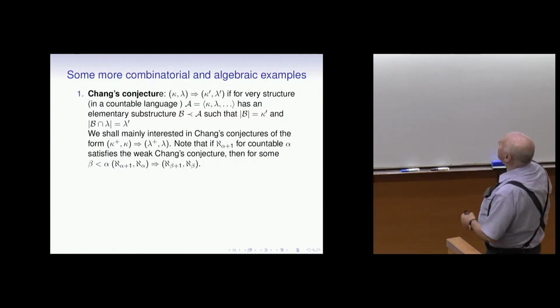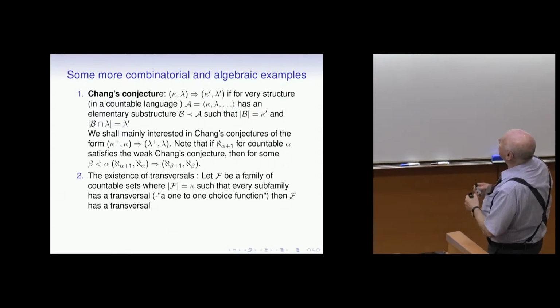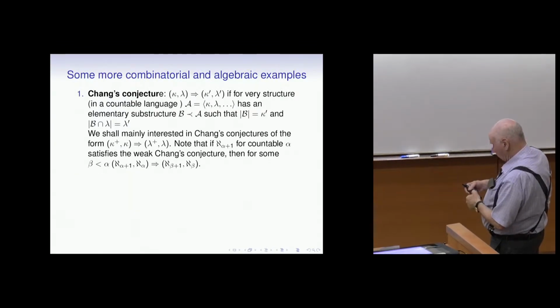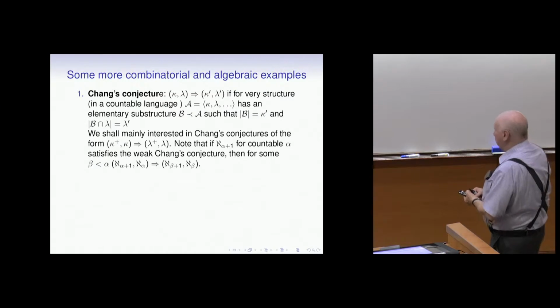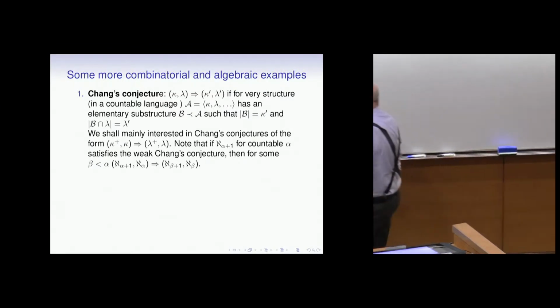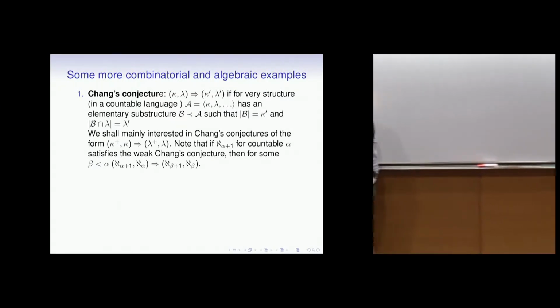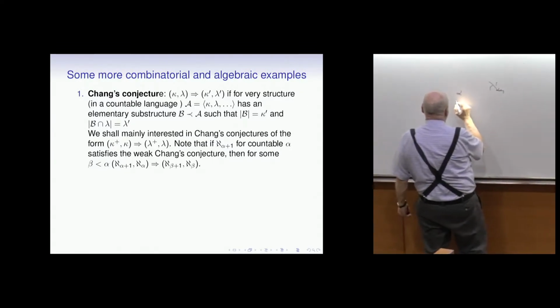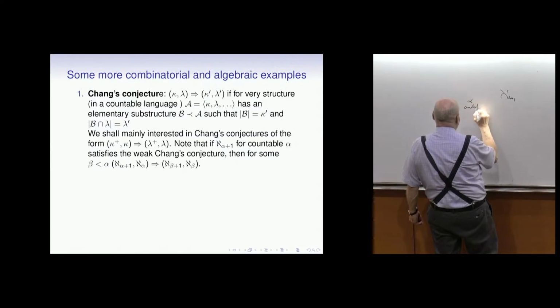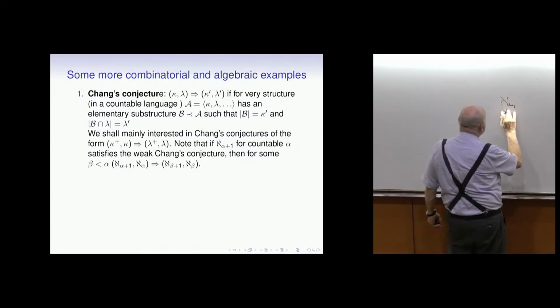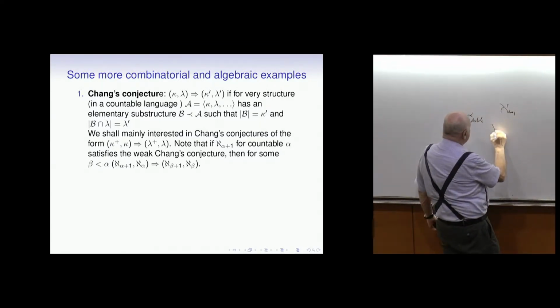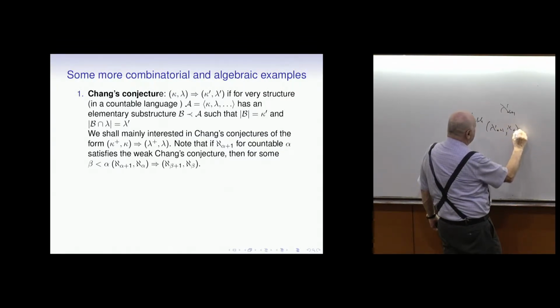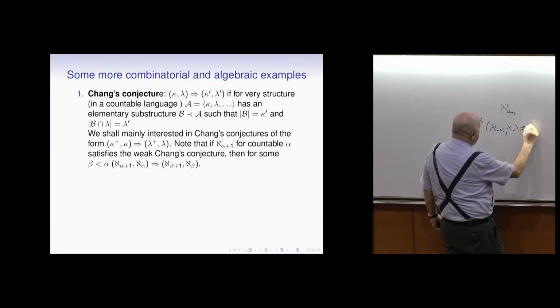Note, by the way, that if you talk about the case of, let's say, Aleph alpha plus 1, where alpha is countable, then if it satisfies the weak Chang conjecture, then automatically you get some beta such that Aleph alpha plus 1, Aleph alpha arrows Aleph beta plus 1, Aleph beta.